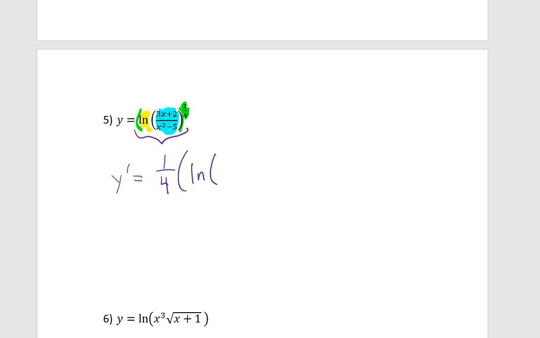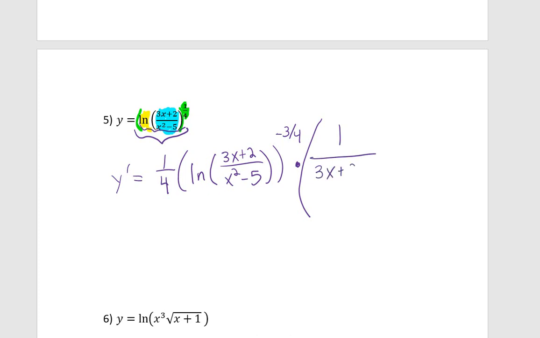So we're going to leave the inside alone. Times, now we're going to take the derivative of the next inside. So remember, the derivative of the natural log is always going to be 1 over the inside, so 3x plus 2, divided by x squared minus 5. So remember, it's always 1 over the inside, times, and we have one more, the derivative of that inside piece.